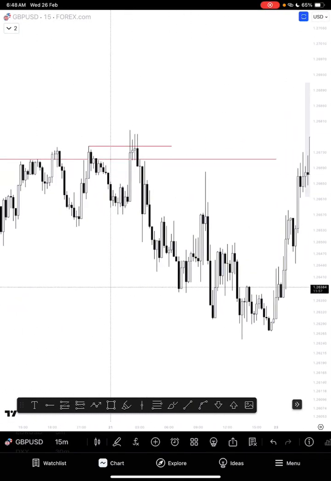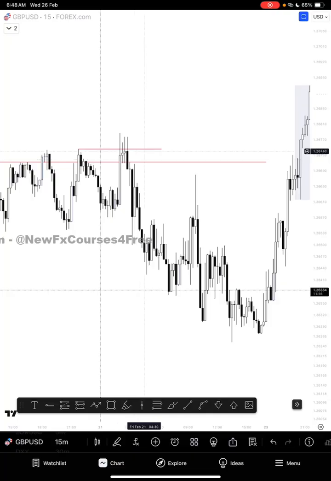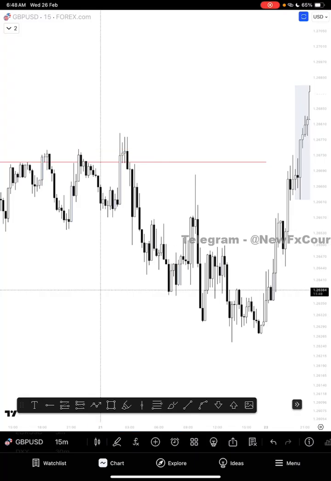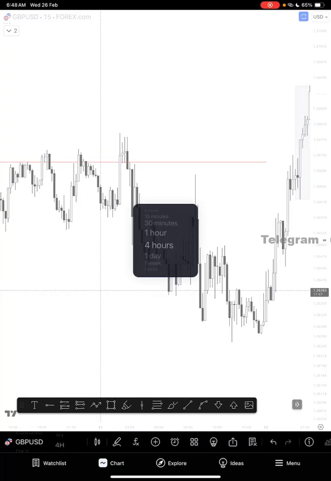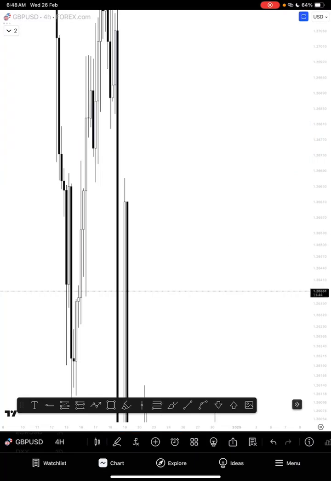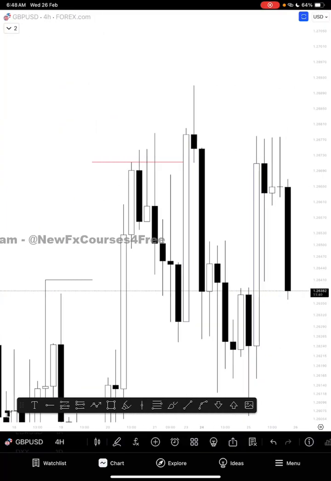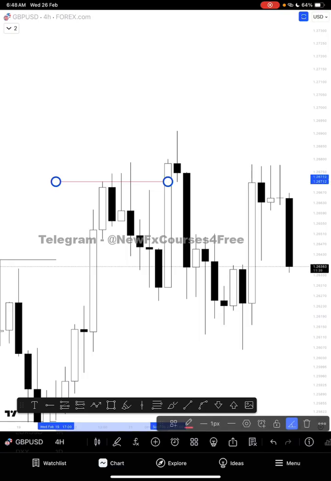Got your turtle soup. So you could have actually gotten something from this whole move here, but this is actually the Friday's candle, and I don't like trading Fridays and Mondays. I focus mainly on Tuesdays, Wednesdays, and Thursdays.